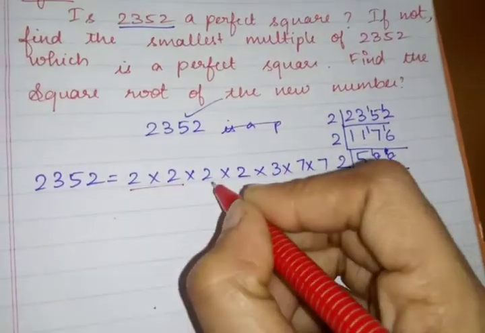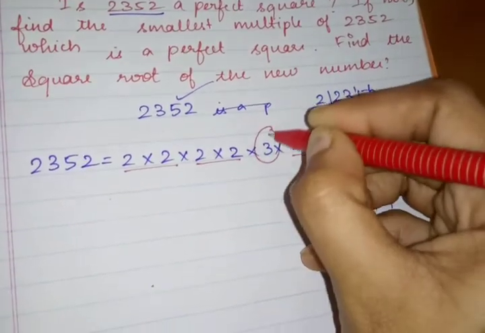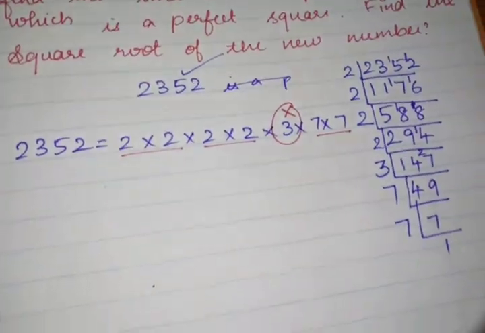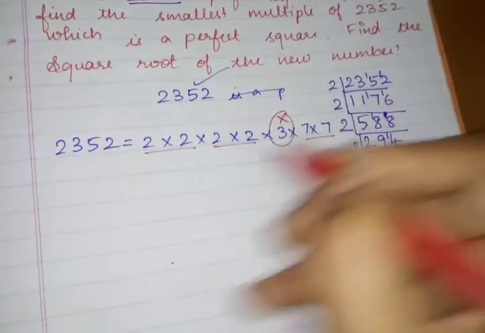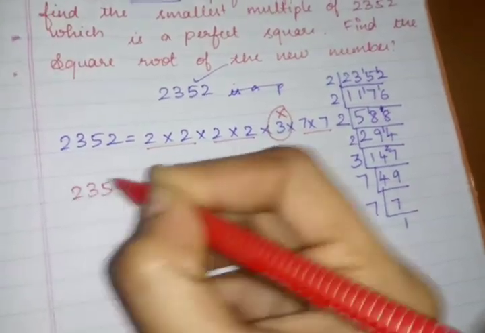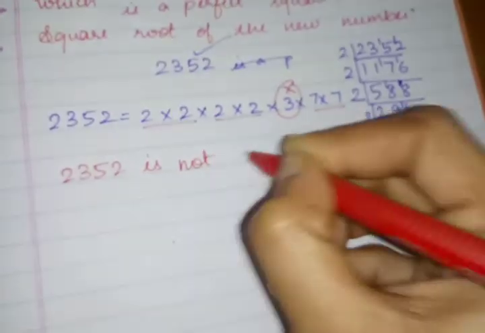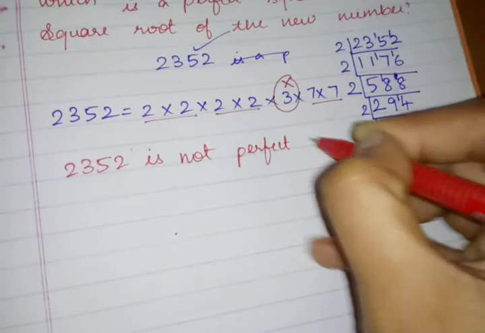These 2s are paired, 7 is paired, but there is no pairing for 3. So what we can say is, if any one of the numbers is not paired, then we can say 2352 is not a perfect square.